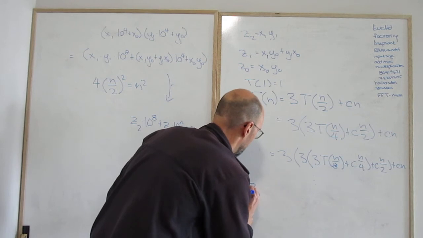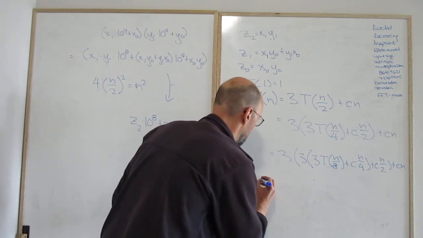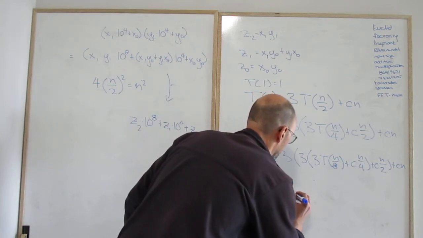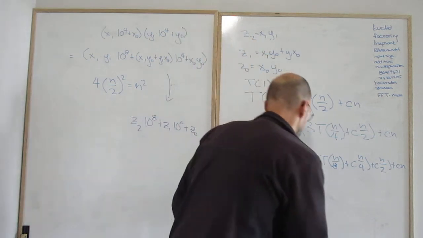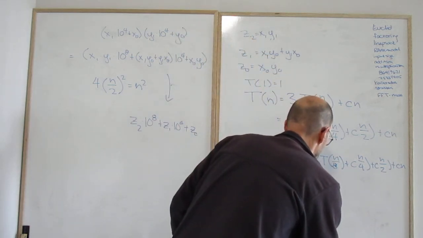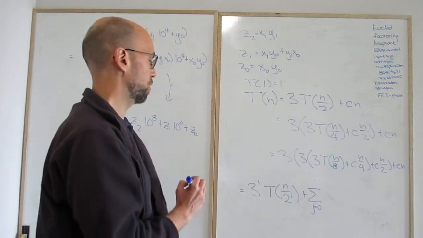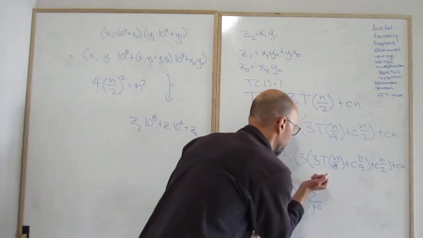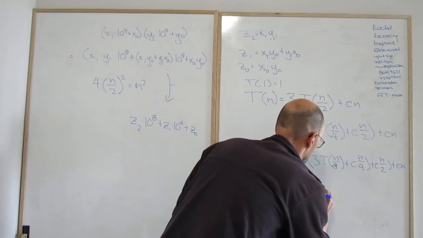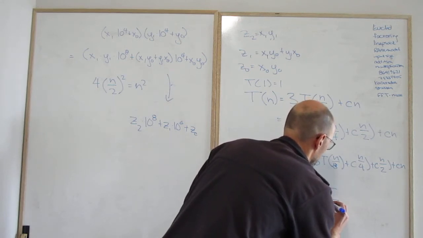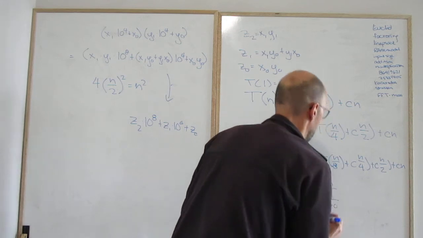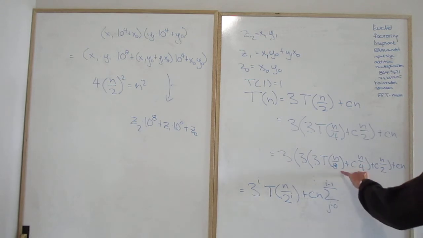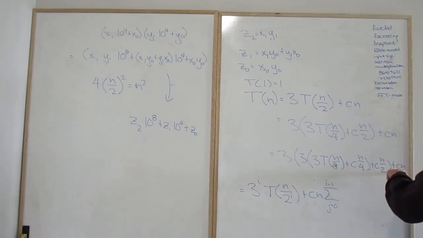We're going to get 3^i times T(n/2^i), plus the sum for j equals 0 to i minus 1 of cn times, now remember, this isn't being multiplied by any 3's.